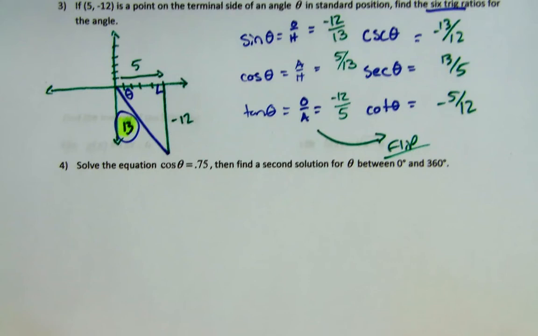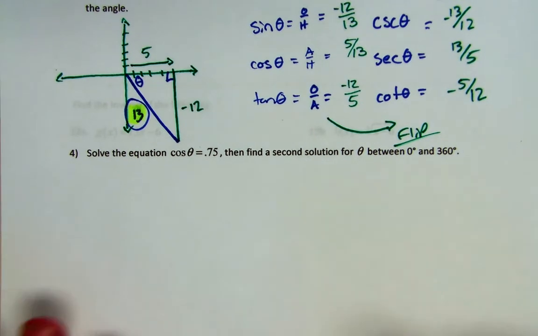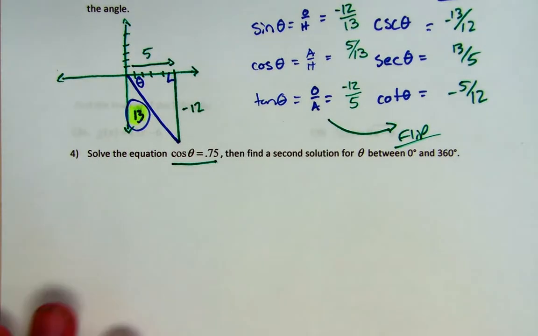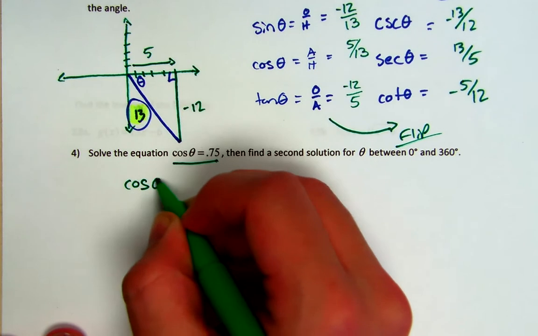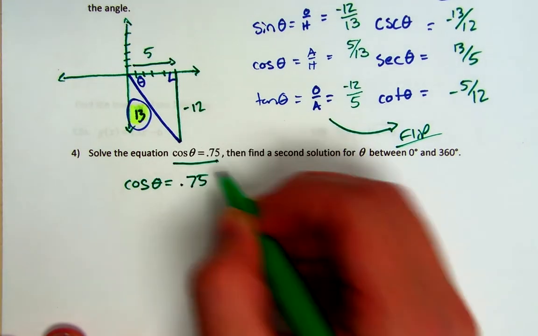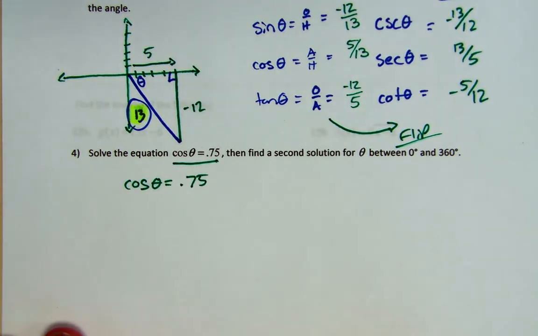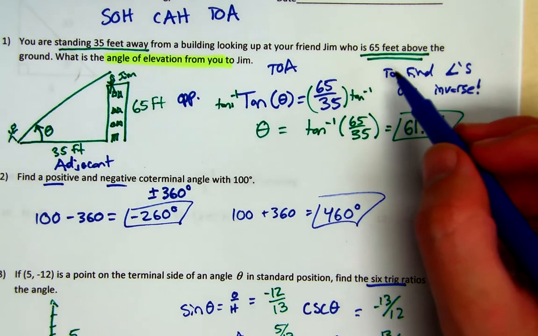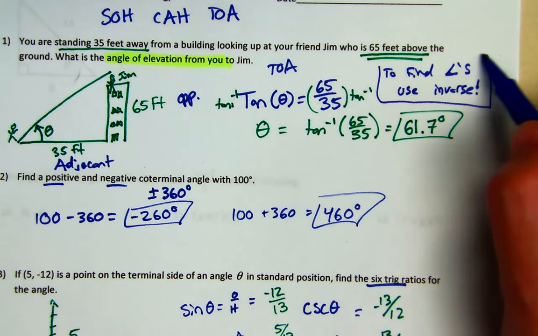Alright, here's the difficult problem. Solve the equation. So let's just do that first. Cosine theta equals 0.75. Well, how do I solve it? I want to solve for theta. So to get an angle, again, go back up here. To find an angle, we use inverses.